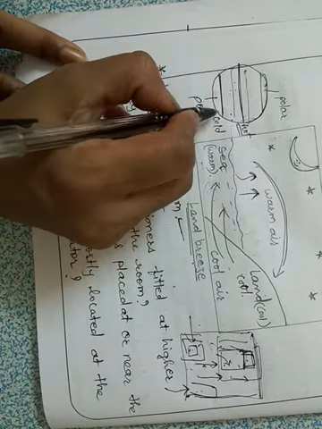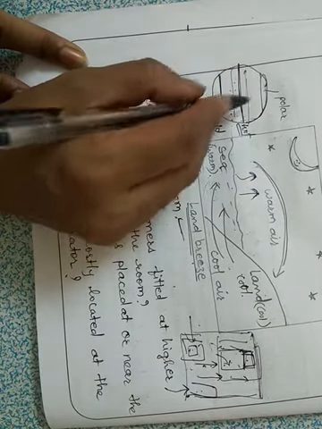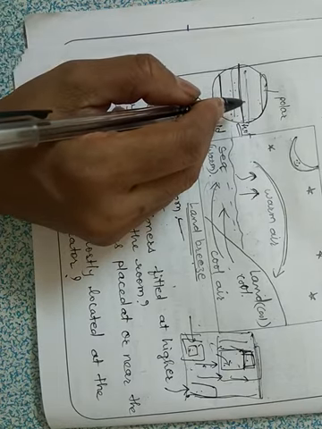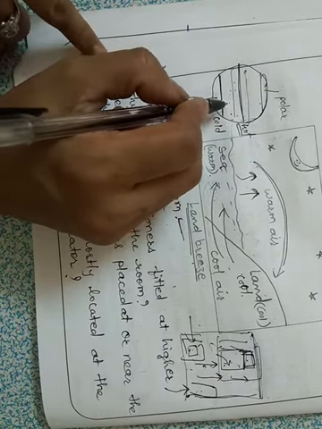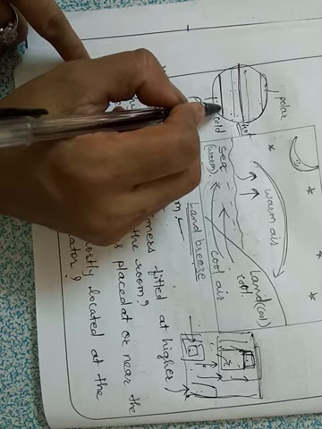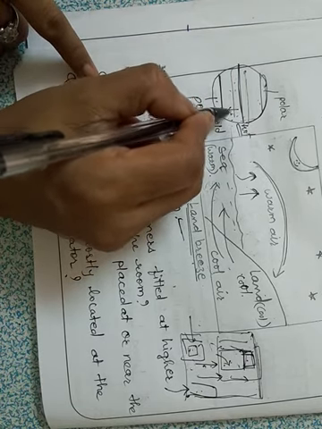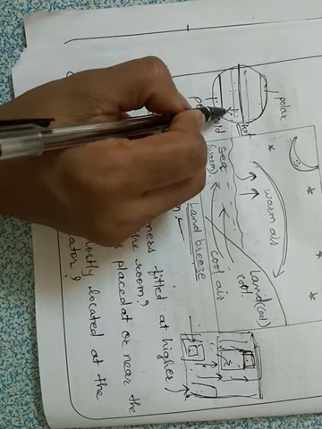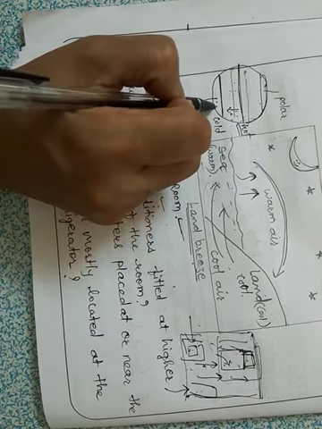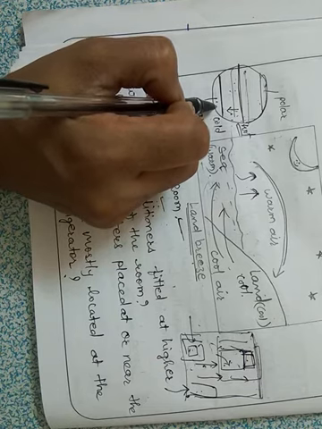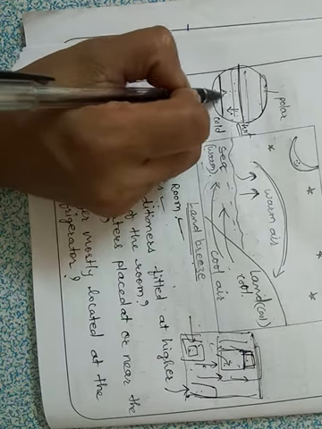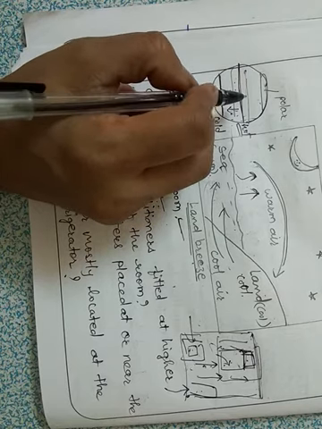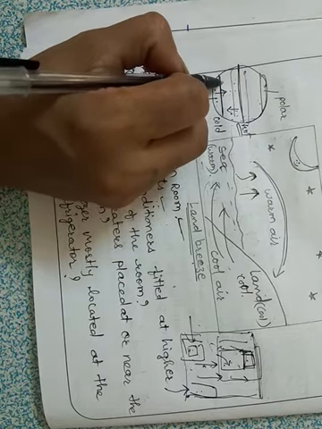Due to this temperature difference between the two parts, the warm water starts flowing on the surface of the ocean from the equatorial region to the polar region, and the cold water starts moving towards the equatorial region below the surface of the ocean water.